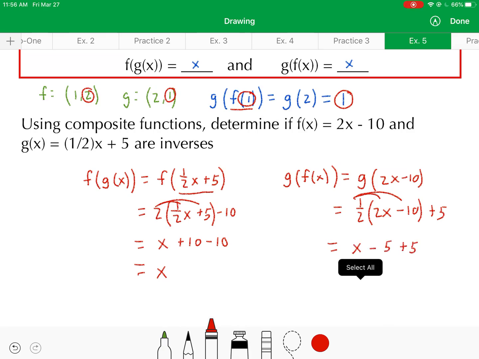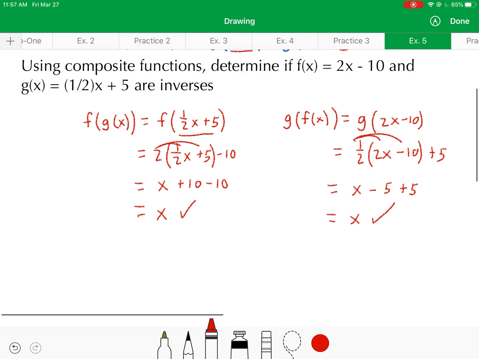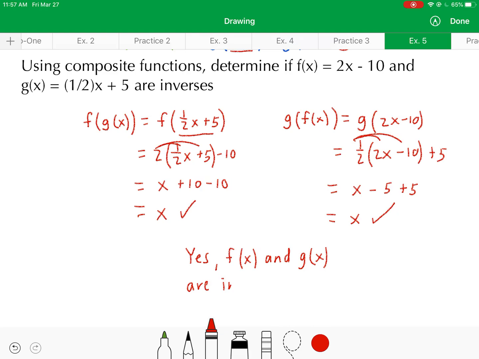That gives you x minus 5 plus 5, which also equals x. So since both of these compositions in both directions equal x, we can conclude, yes, f of x and g of x are inverses of one another.